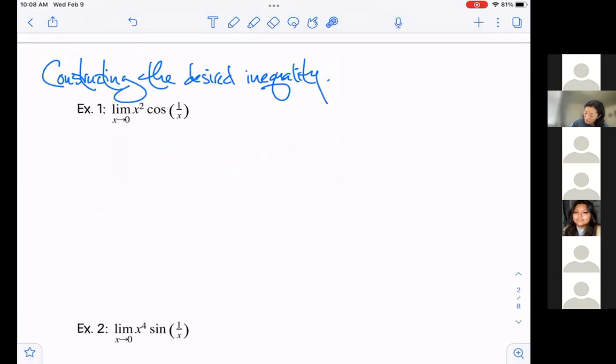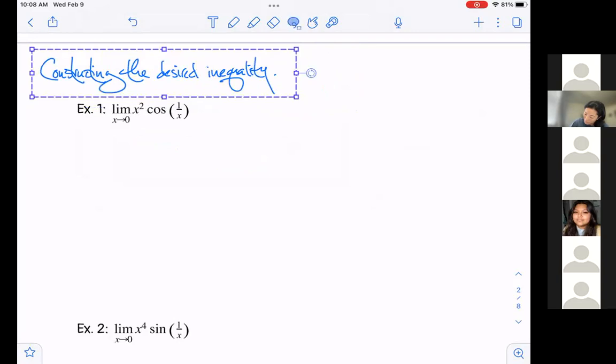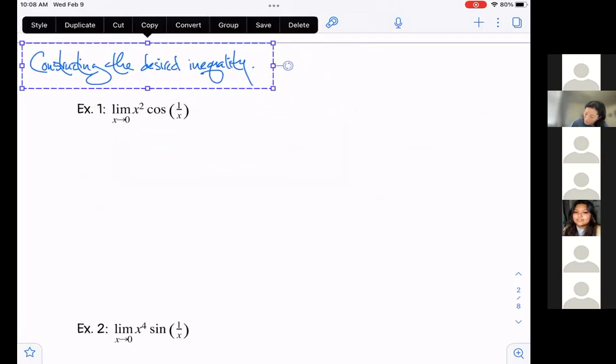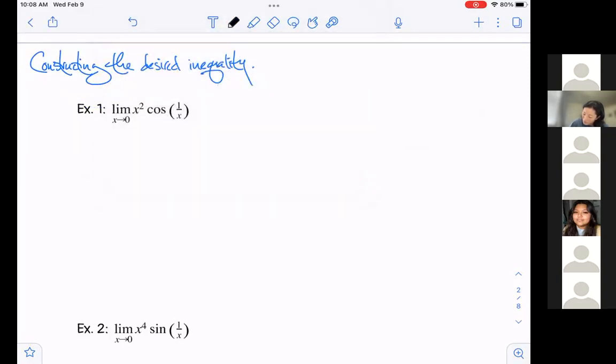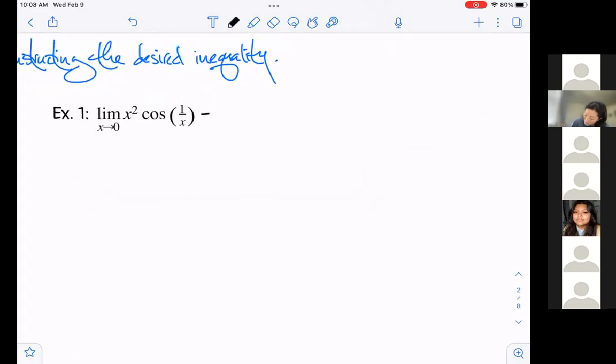We've got the limit as x approaches 0 of x squared cosine of 1 over x. If we were at the very beginning of when we learned how to do limits, we would plug in 0 and see what happens. Okay, so I plug in 0, I get 0 squared times cosine of 1 over 0. All right, what does that give us, folks?